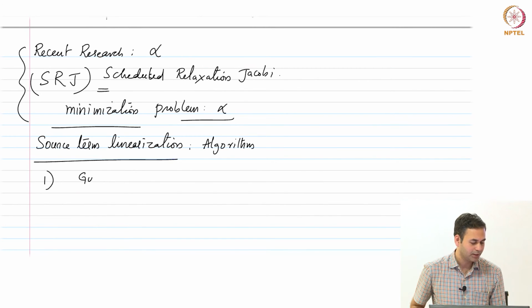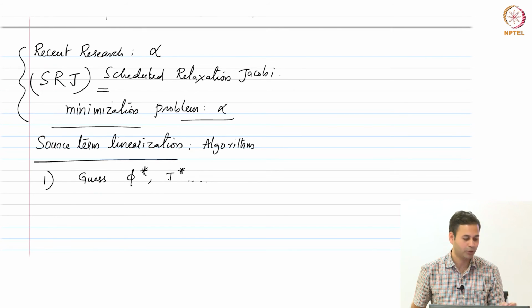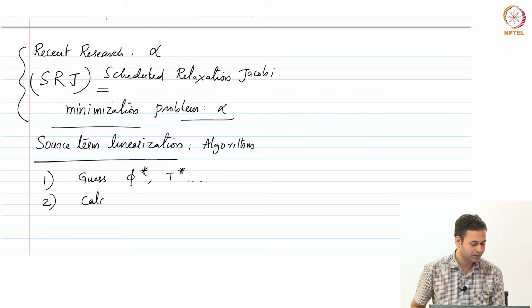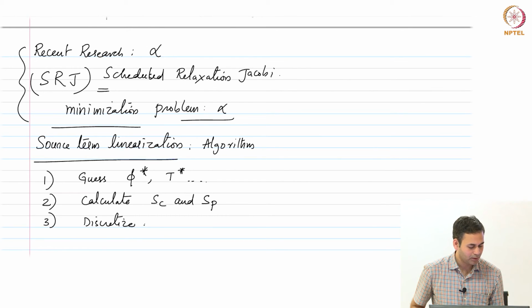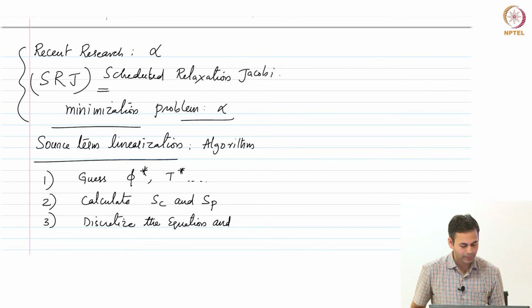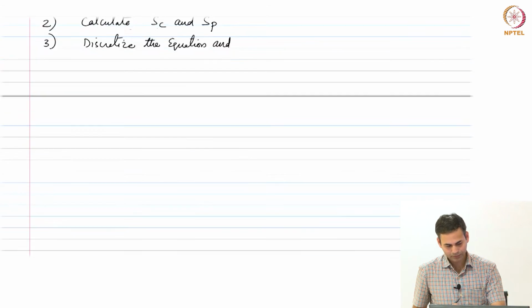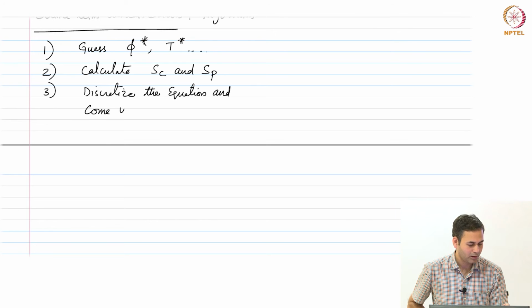If you have that, then how do we do it? Essentially, you first guess either the phi star values or the T star values depending on the problem. Then you would calculate SC and SP, and of course you would also discretize the equations and come up with the linear system.